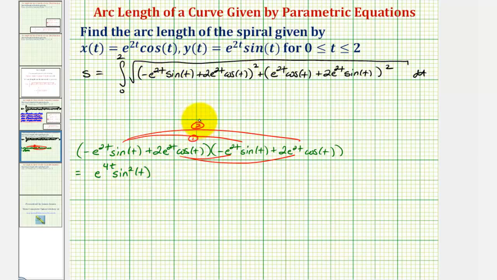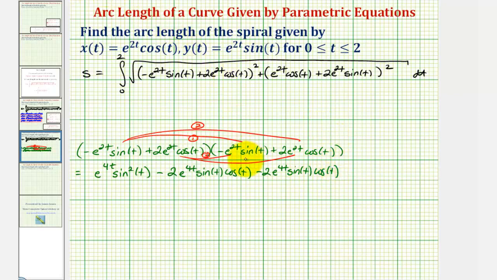For the second product, we would have negative, or minus, 2 e to the 4t sine t times cosine t. For the third product, we would have negative, or minus, 2 e to the 4t, again, sine t times cosine t.